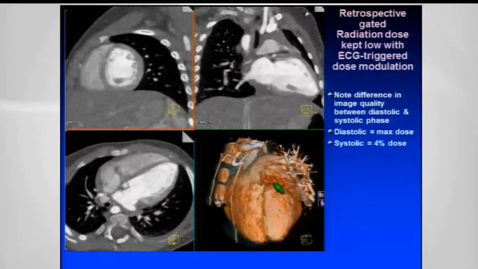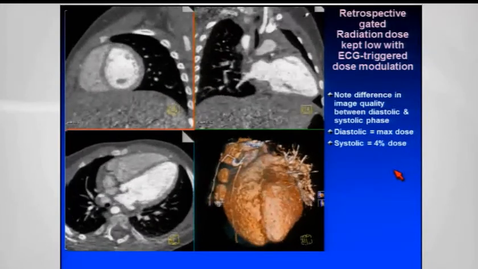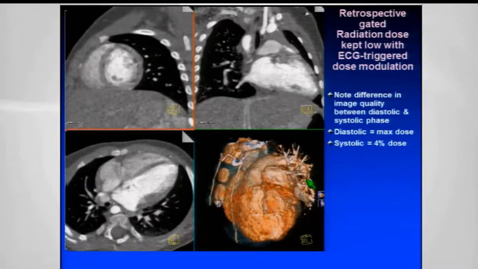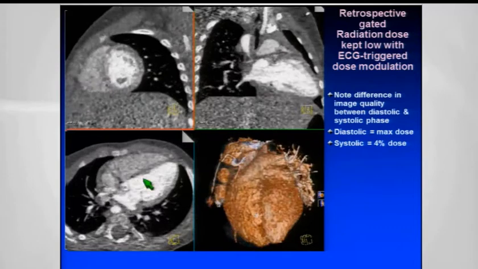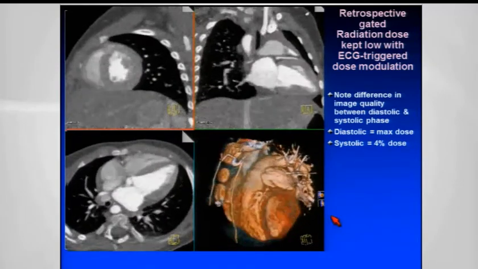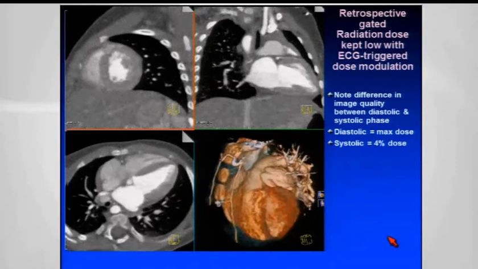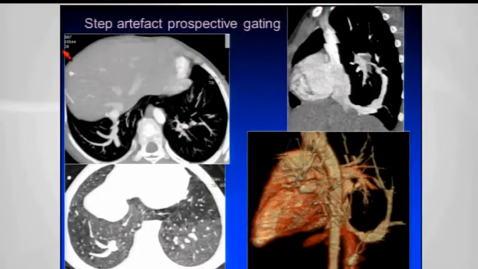You get this very blurry picture because you're only giving 4% of your total mAs at that time. So you're tricking the machine, essentially. You're getting temporally resolved data, but you're acquiring it mostly through diastole when the heart is stiller. You will get this noisy data, but it does give you beautiful time-resolved data sets, and you can see motion. And we'll show how that can be used very nicely looking at things like vascular stents.